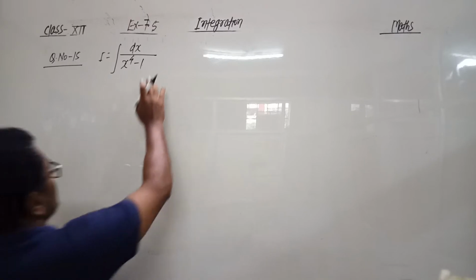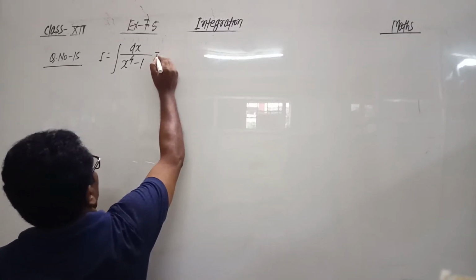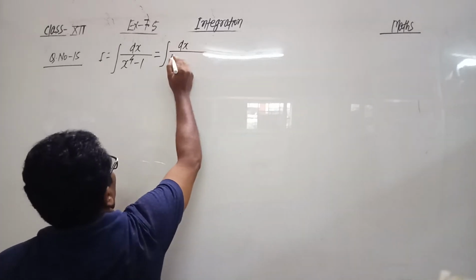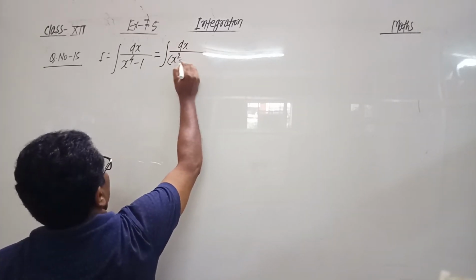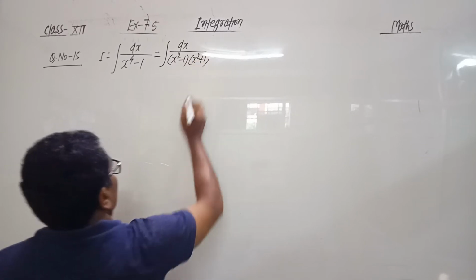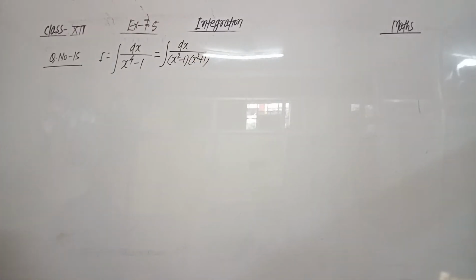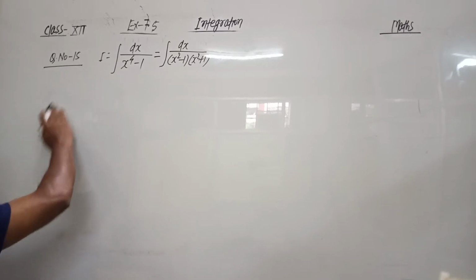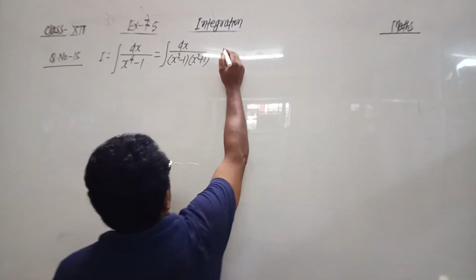So this can be written as integration dx upon x squared minus 1 and x squared plus 1. Now let x squared equals to t.